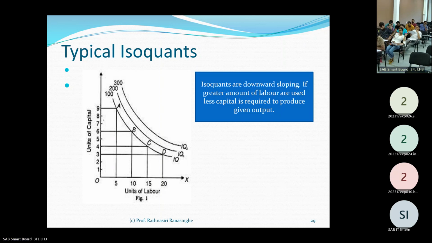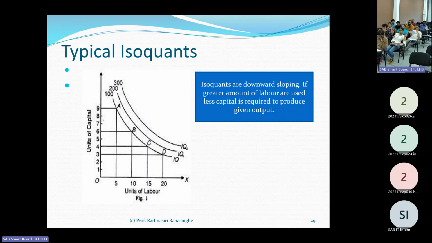In IQ1, the output level is 100, so that output level can be reached by selecting either point A, point B, or point C. It shows the different combinations.